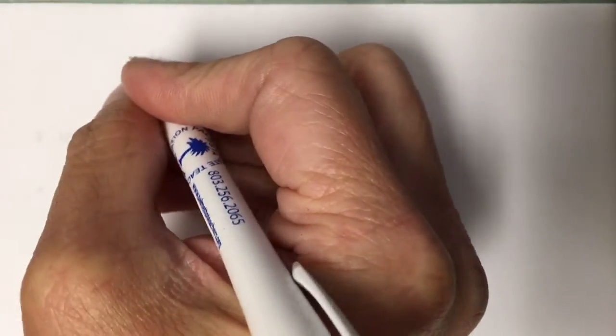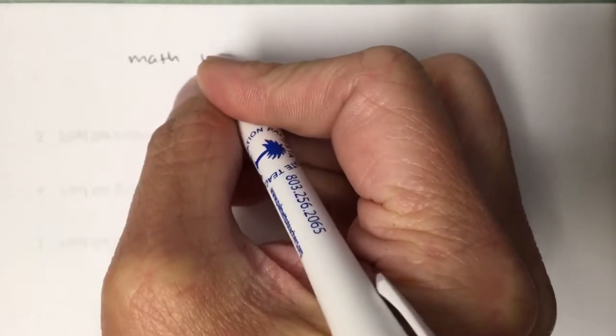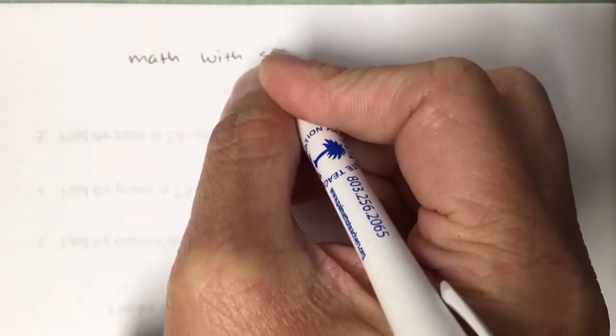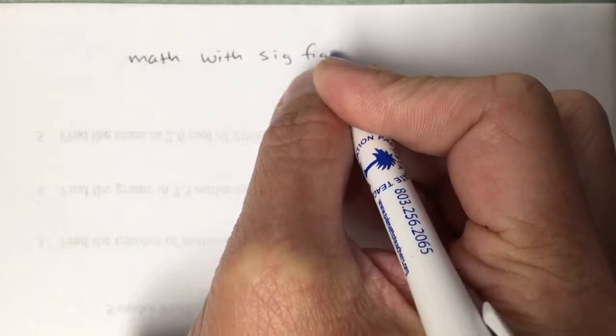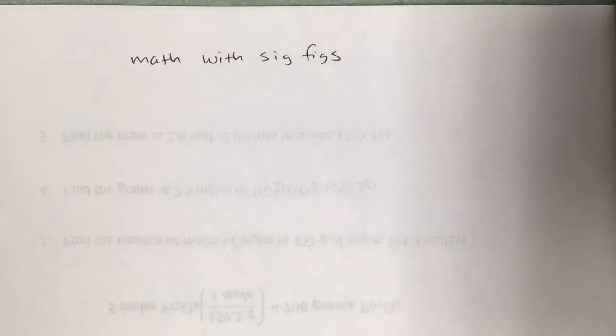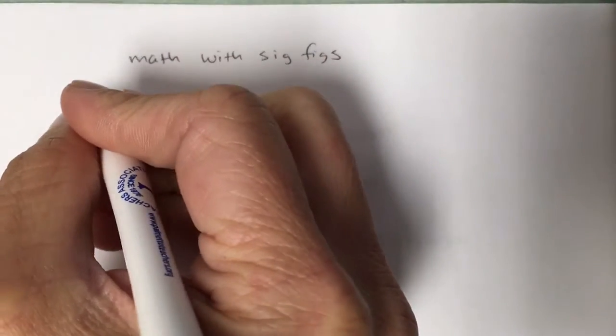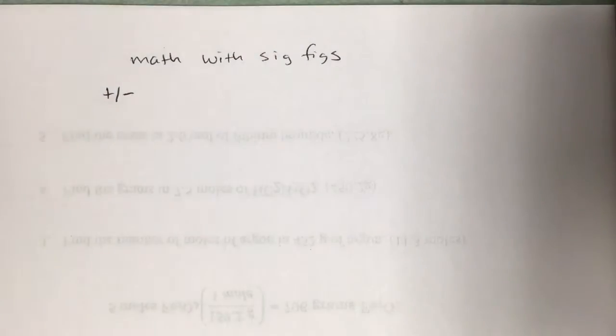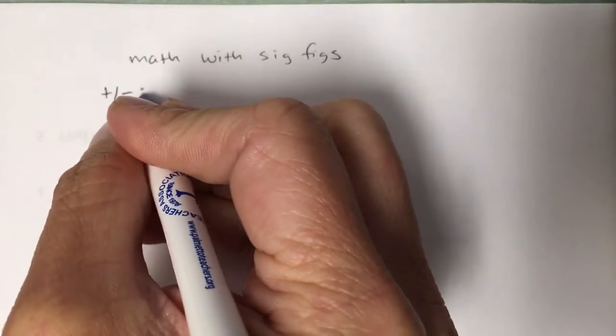Now we got to do math with significant figures. To do math with significant figures, we have to recognize the rules for addition and subtraction are not the same as multiplication and division. And again, I'm going to do the simplified rules because they work most of the time in science.